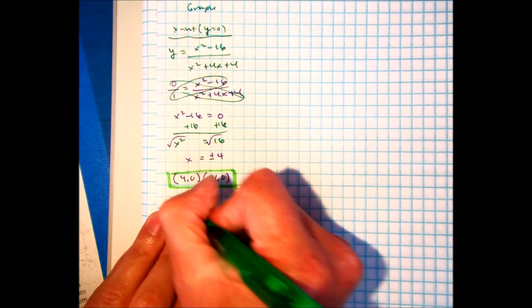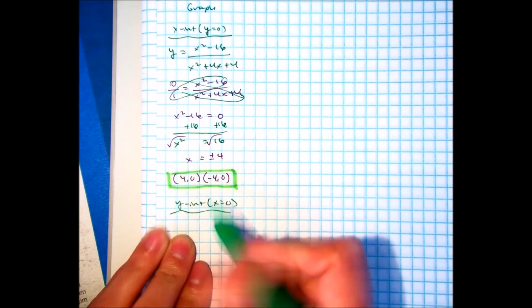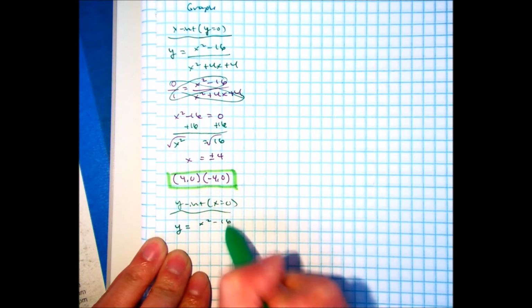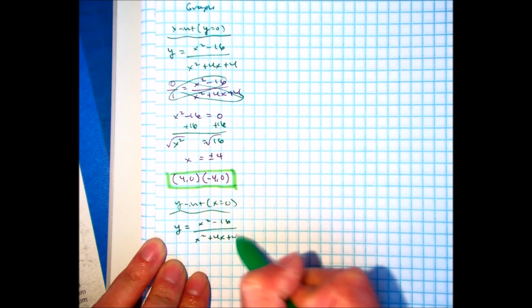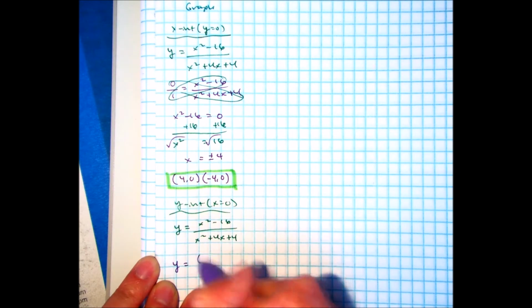Alright, let's find the y-intercept. X is equal to 0. So I'm going to write the original problem. I'm going to make every x value 0.